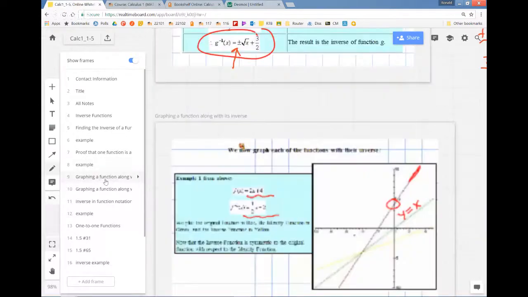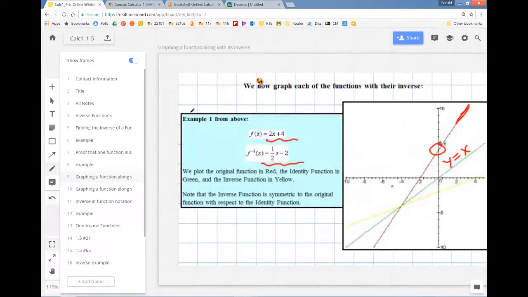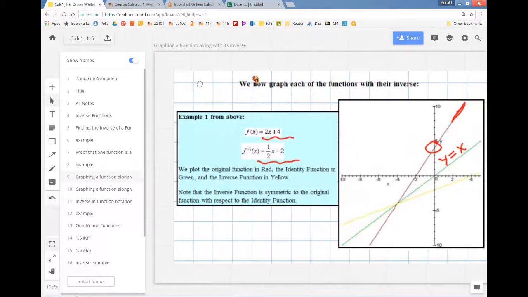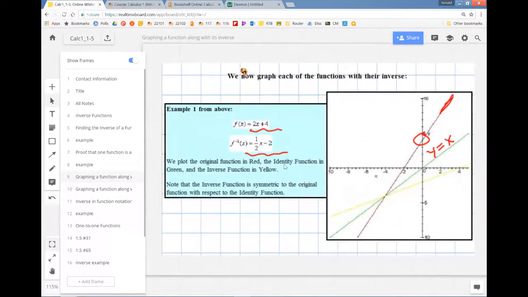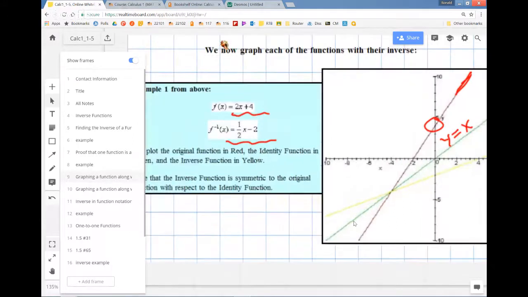So the cool thing happens here. When you plot a function and its inverse on the same set of axes, as I've already indicated, you get this mirror imaging. The black line is 2x plus 4. The 1/2 x minus 2 that we figured out is the yellow line.